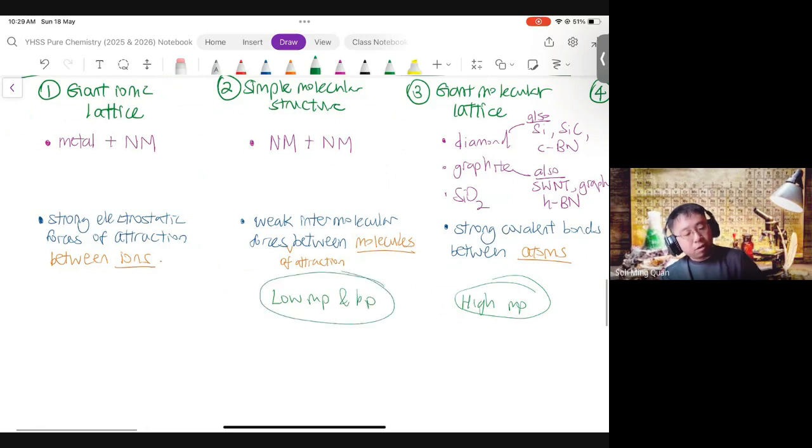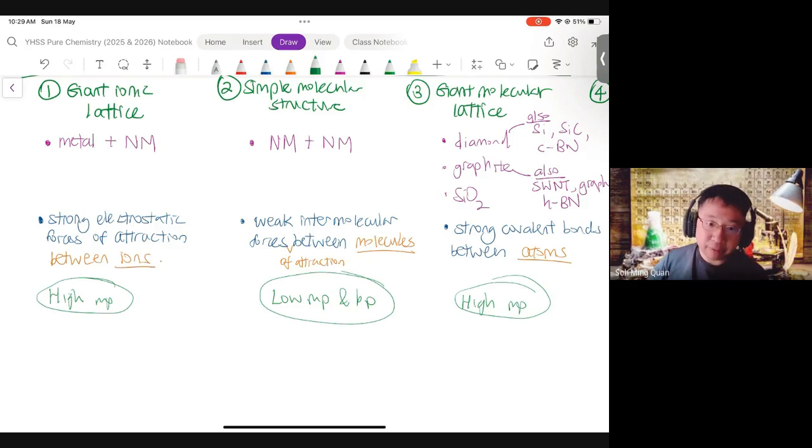Both are low. Finally, giant ionic, high melting point. The melting point says a lot. Hence, you need to discern. Based on melting point, if it's low, it's confirmed simple molecular. So it's a very typical way of testing how you deduce which is which.